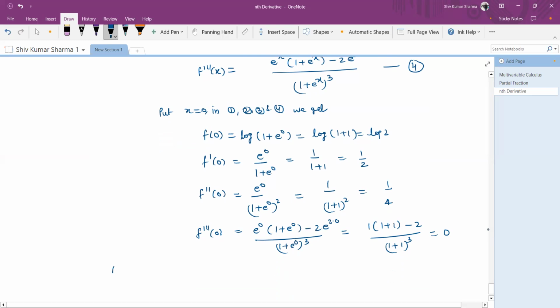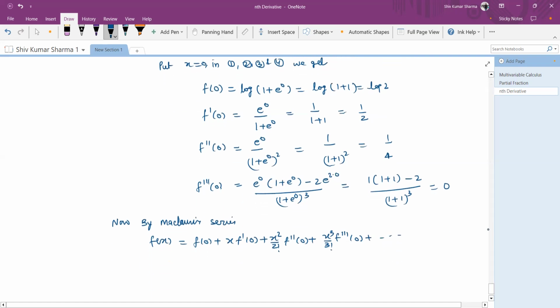Okay. So now by Maclaurin series, fx is equal to f naught plus x f dash naught plus x square upon factorial 2 f double dash naught plus x cube upon factorial 3 f triple dash naught plus and so on.